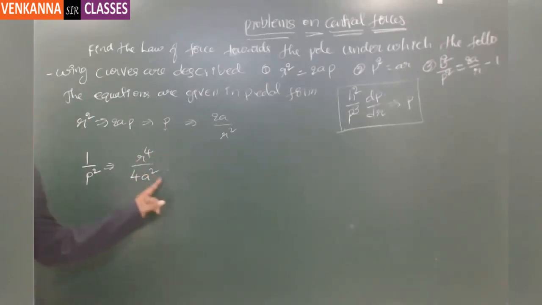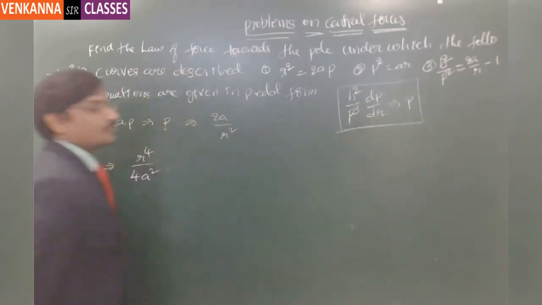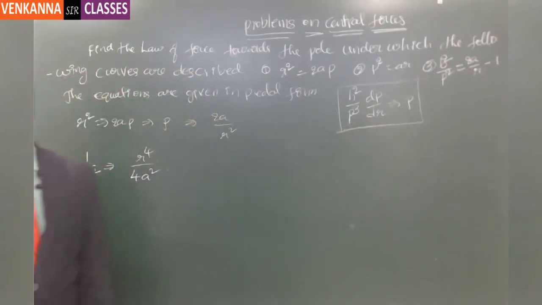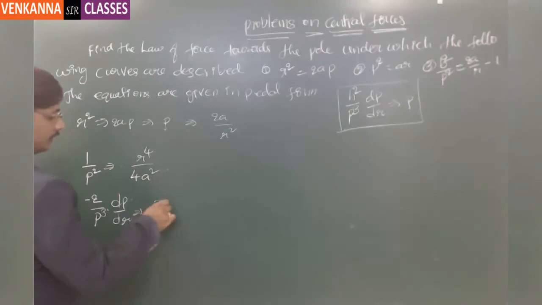Now if you take the derivative on either side with respect to r, you will be able to find dp by dr. So minus 2 by p cube into dp by dr is equal to 4r cube divided by 4a square.